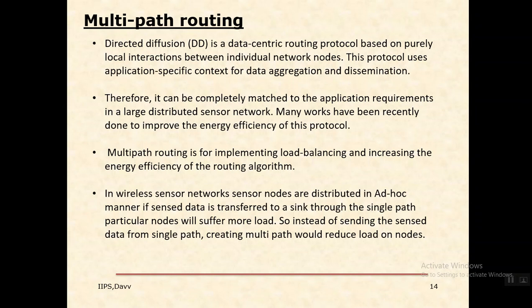The basic concept here is that rather than sending the load through a single path, we are dividing the path so that the load is distributed, and hence it would reduce the pressure on a single sensor node.